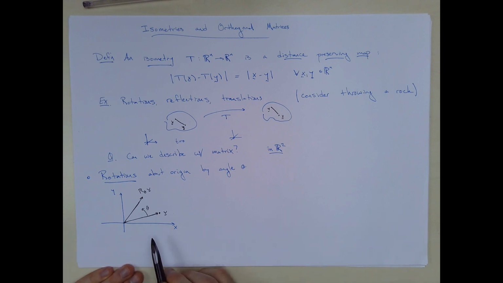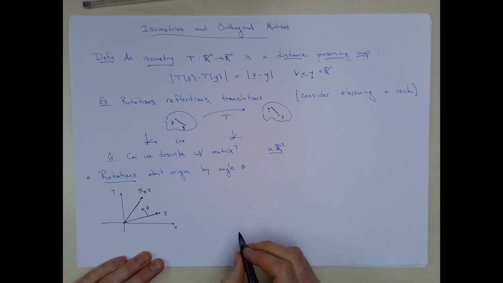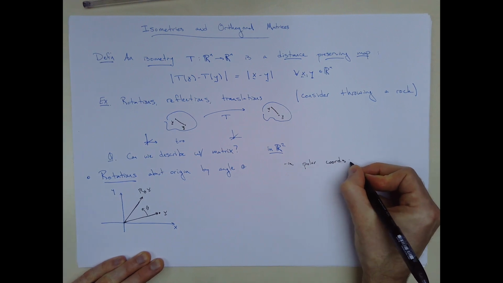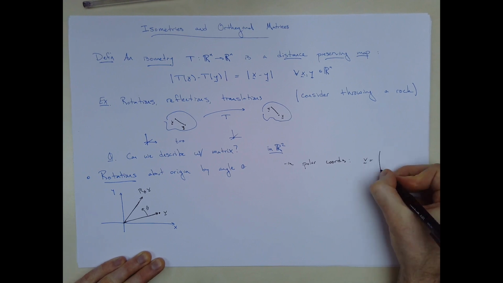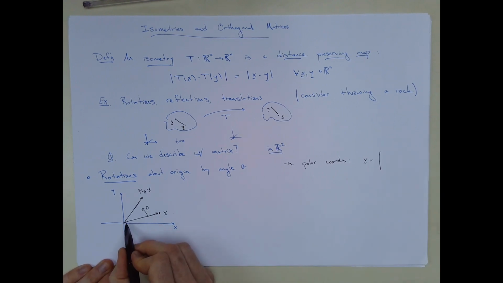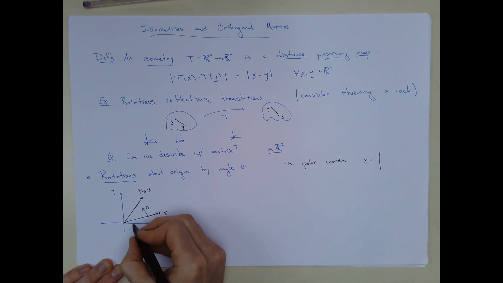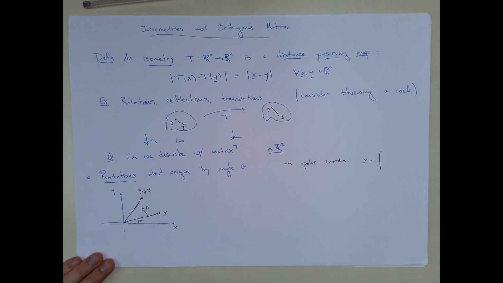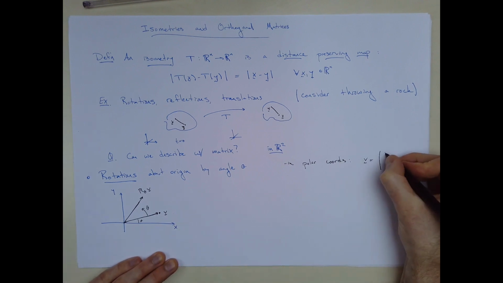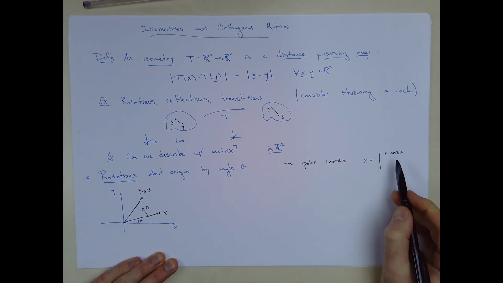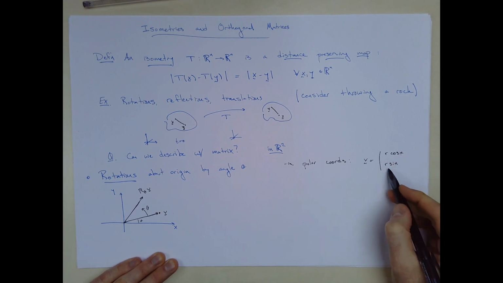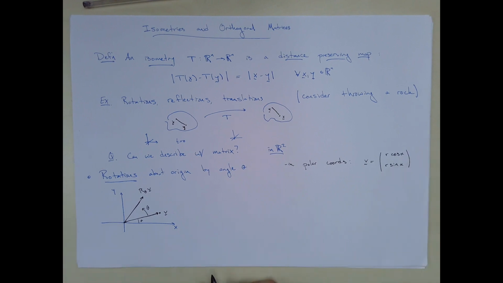Well, it's a rotation. You might be inclined to think about polar coordinates. In polar coordinates, if I define v by its length and its angle off the x-axis, let's call that angle alpha, and let little r be the length of that vector, then I can write v as x equals r cosine alpha and y equals r sine alpha.